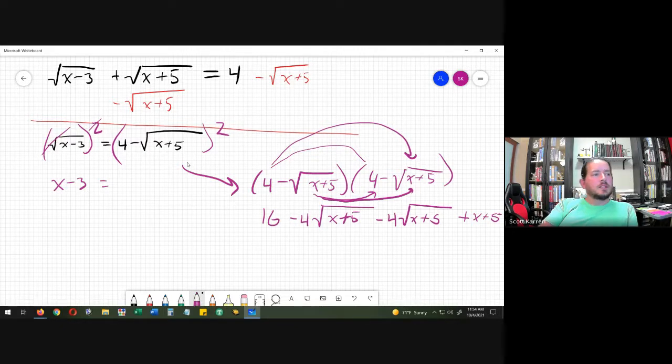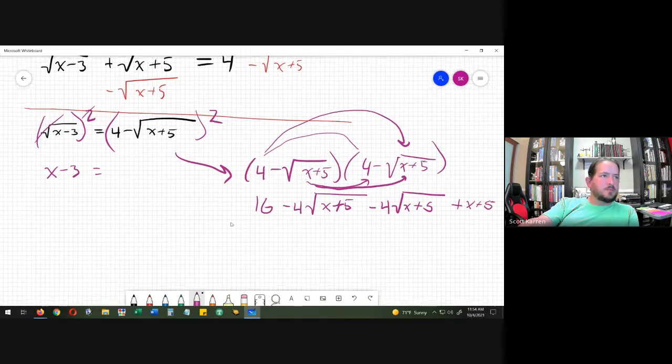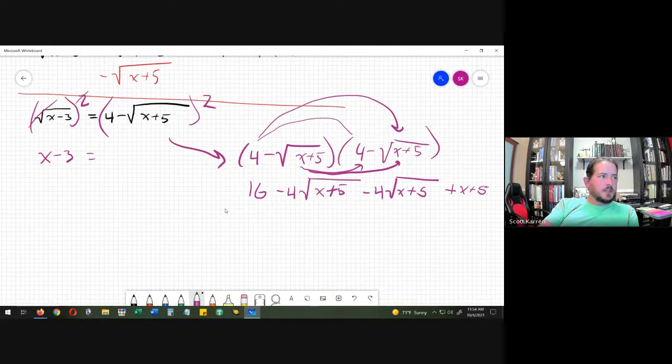Okay. So I can clean it up just a little bit. On the left, I had this x minus 3. On the right, I've got x. I've got plus 5 and plus 16.